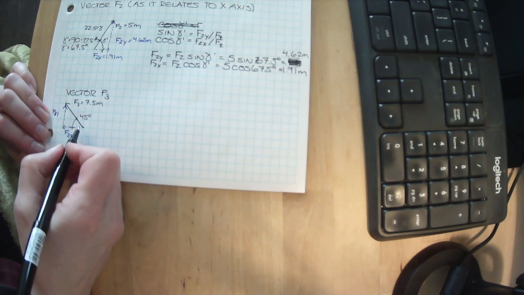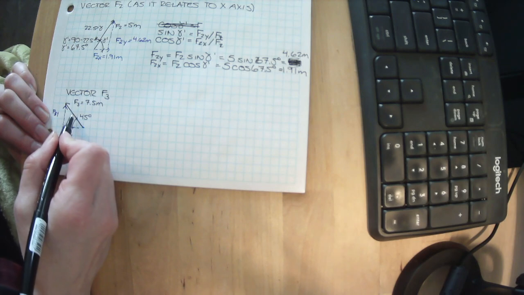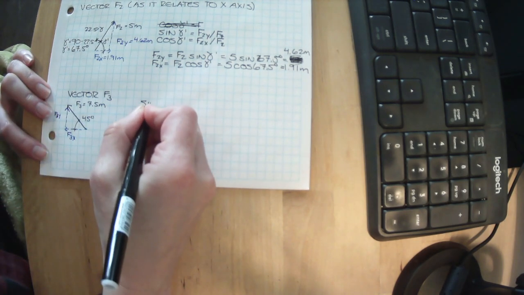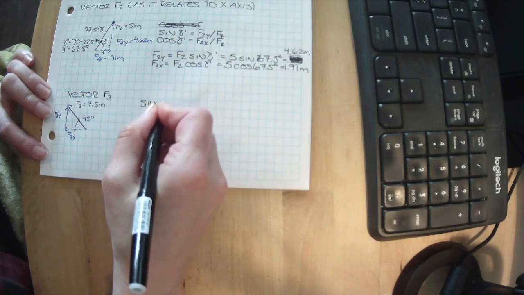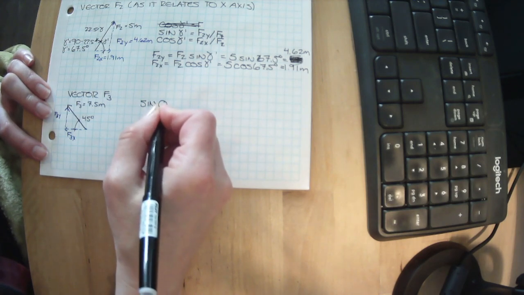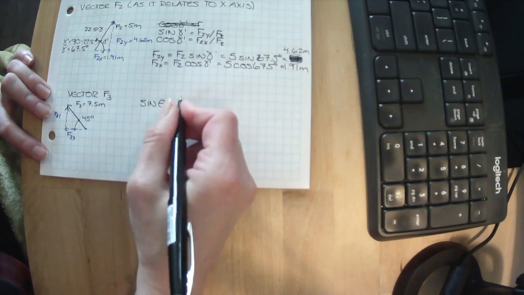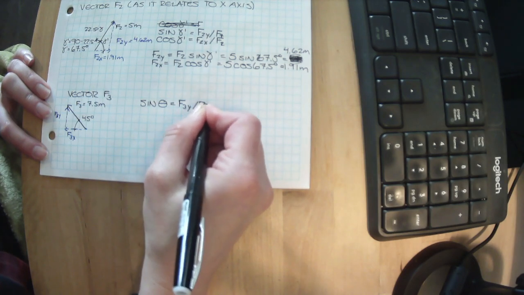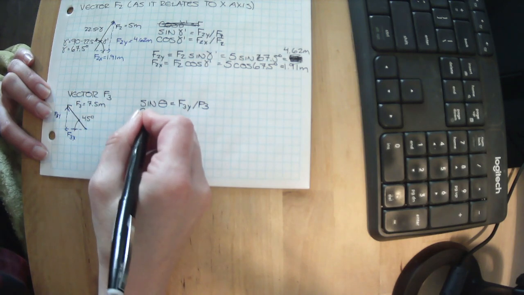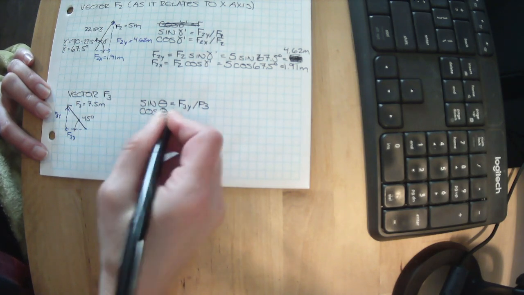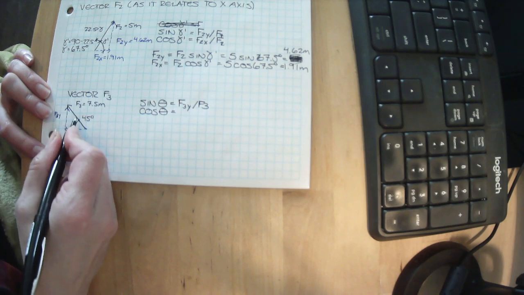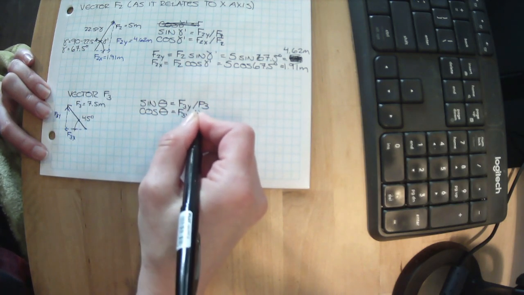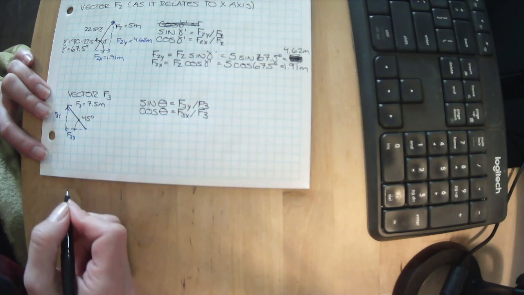Opposite relative to the hypotenuse is sine. So sine of our angle equals F3y divided by F3. And the cosine of our angle is adjacent and hypotenuse, so F3x divided by F3.